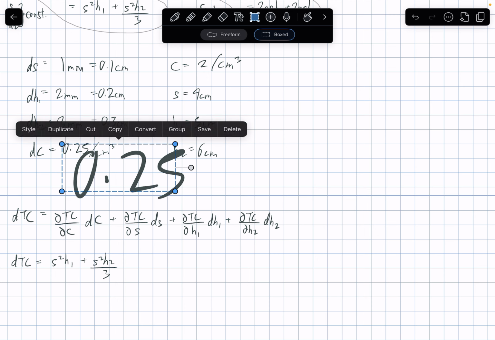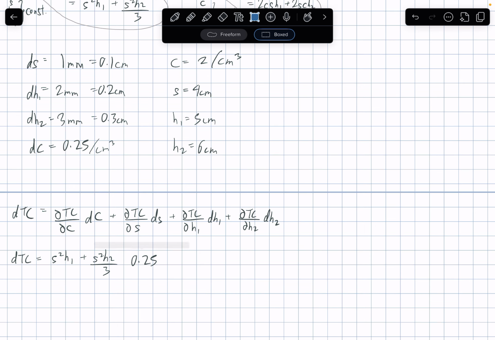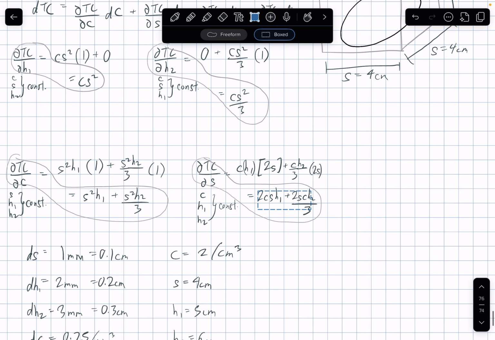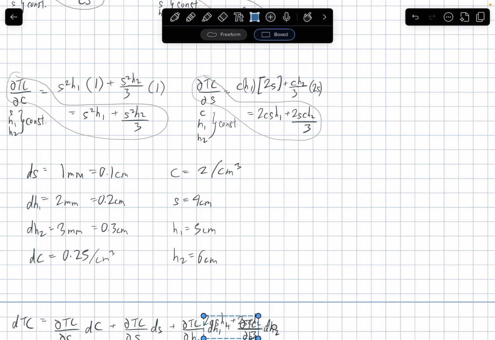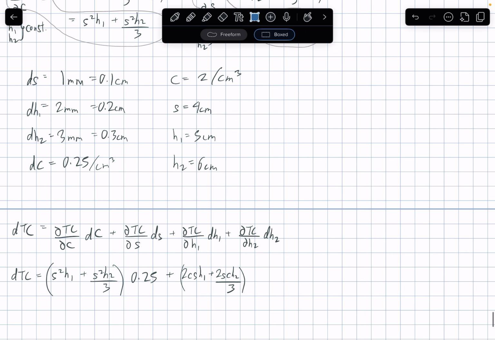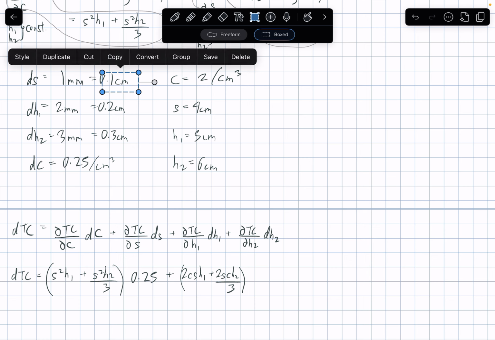0.25. Plus partial DTC over partial S. Where is that? It's this. Times DS. DS is 0.1 cm.